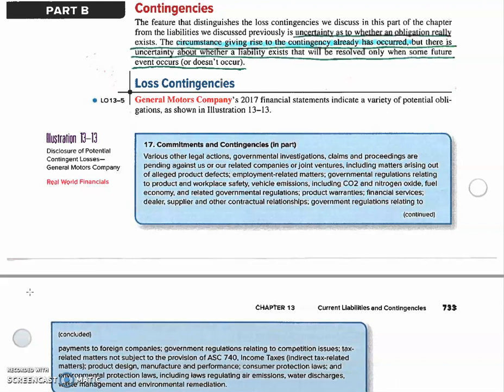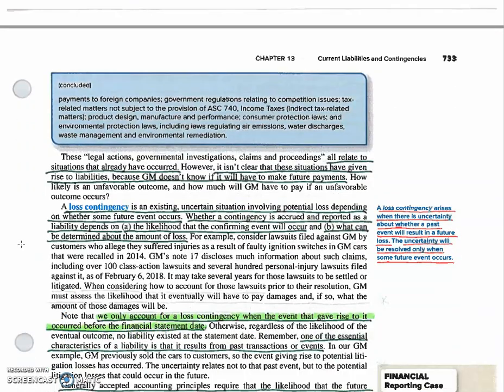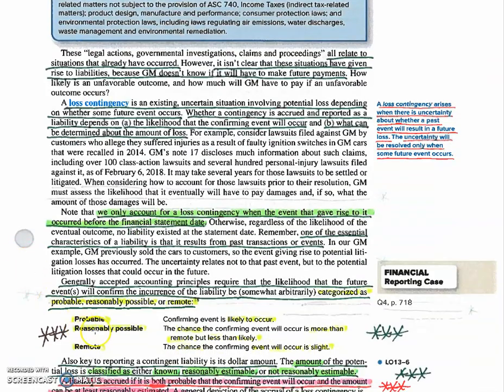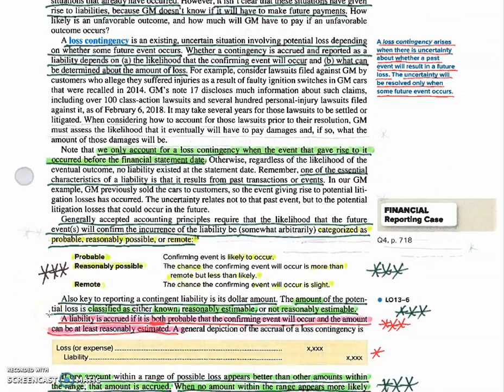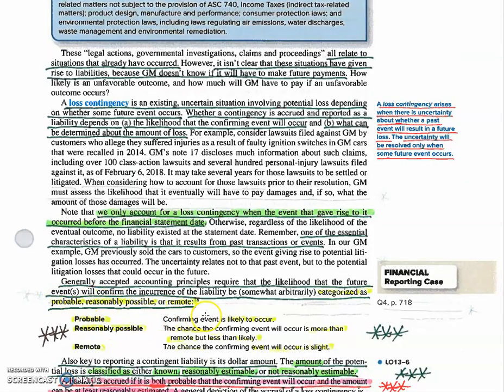So if a contingency is both probable and we can reasonably estimate the amount, then we have to accrue that liability. So we debit a loss or an expense, credit the liability. Okay, if it is probable but we cannot reasonably estimate the amount, then we have to disclose it, but we do not record a liability.